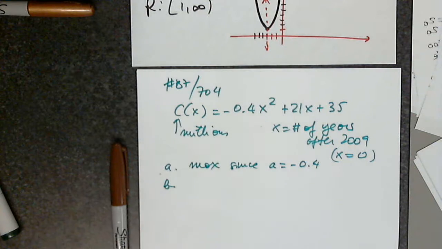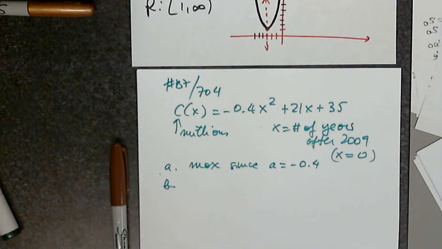Perfect. Part B. According to this model, in what year will the number of Wi-Fi enabled cell phones in the United States be at its maximum? Where we already established it is the maximum. So according to this model, in what year will C be maximum?